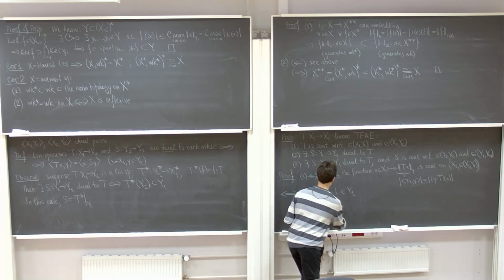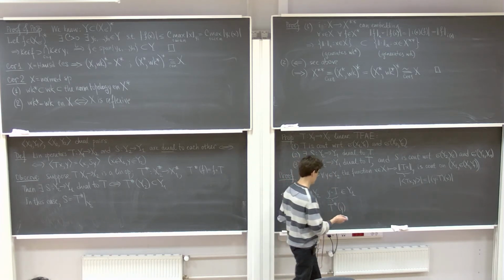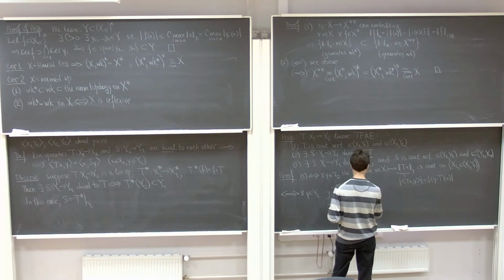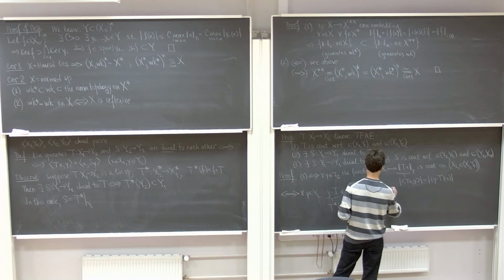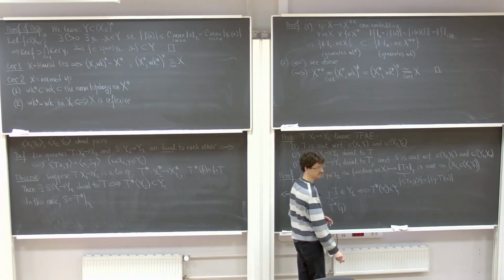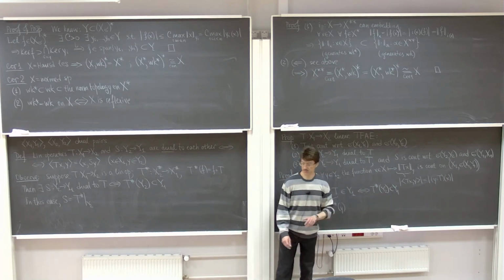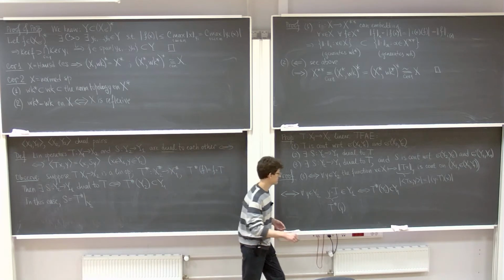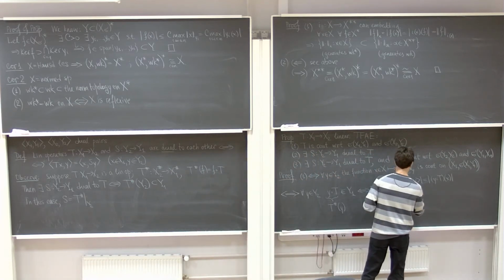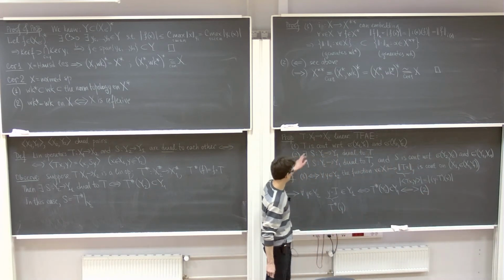But this is nothing but T hash applied to y. So we see that this condition means exactly that T hash takes Y2 to Y1. And we already observed that this condition is equivalent to the existence of the dual operator. So we conclude that 1 and 2 are equivalent.